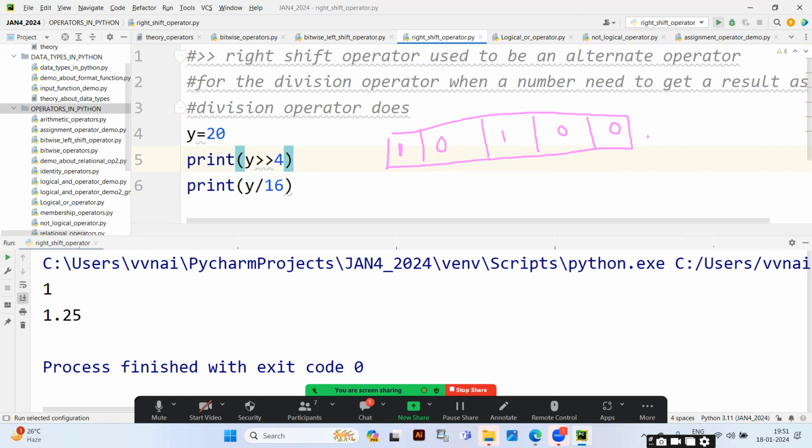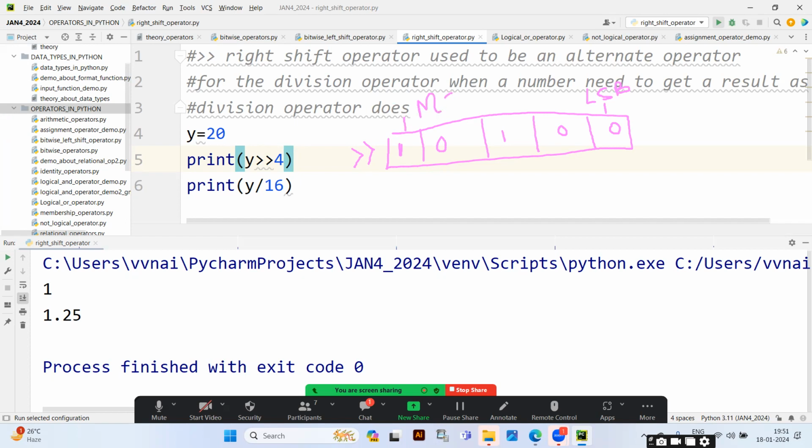If you perform the right shift operation, right shift means what? This is LSB. What is the full form of LSB? Least significant bit.